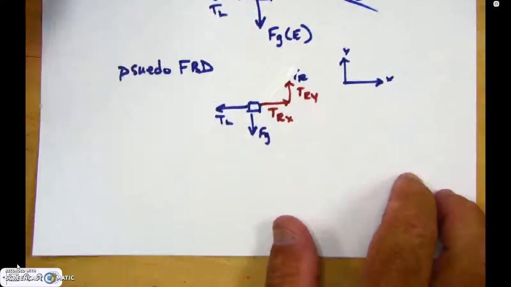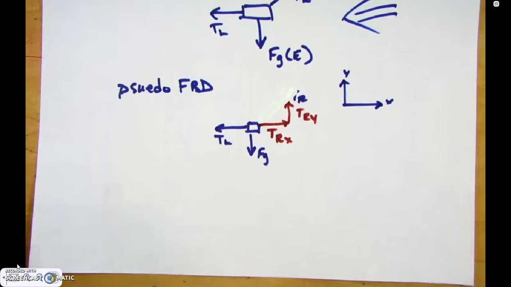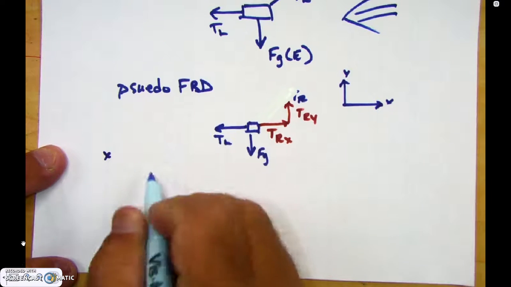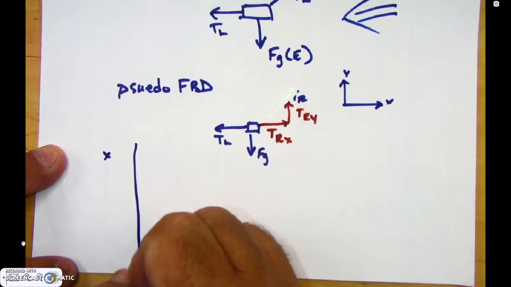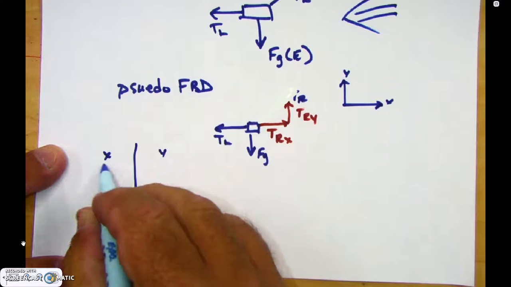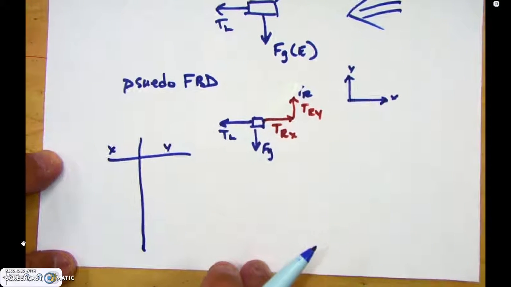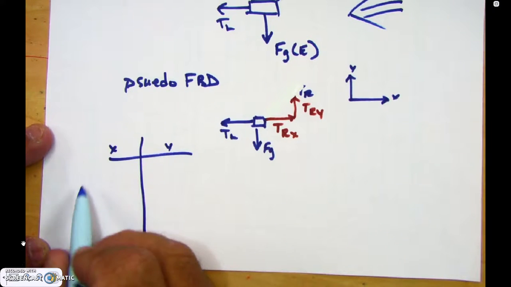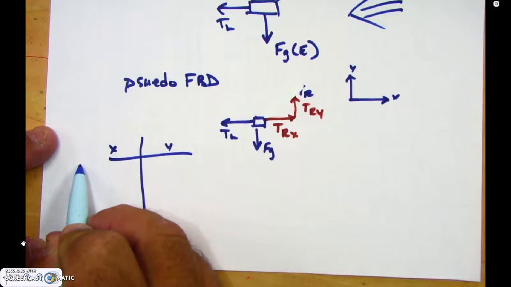Now, in order to solve it, let's come down here and create an XY chart. In an XY chart, you have X and you have Y. Now I'm going to take all three of my vectors and put them into their X parts and their Y parts. It doesn't matter which order you do it in.